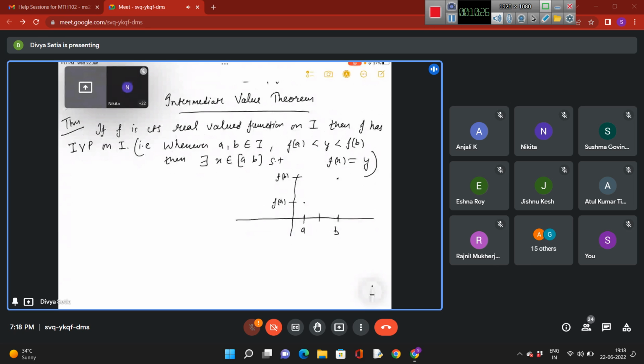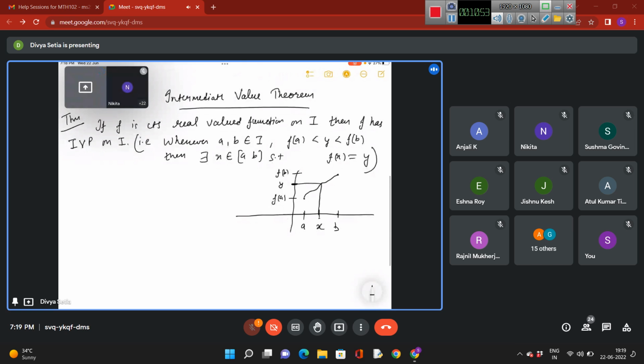There should exist some x whose functional value is y. That means if you have a continuous function and you take any point lying between f of a and f of b, there should be a pre-image.